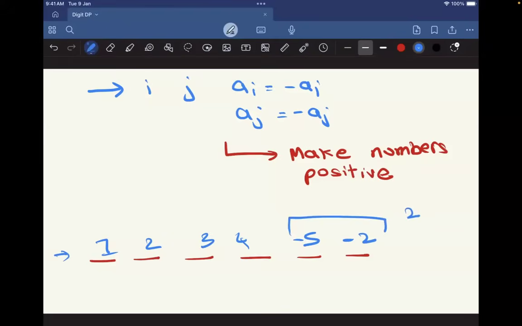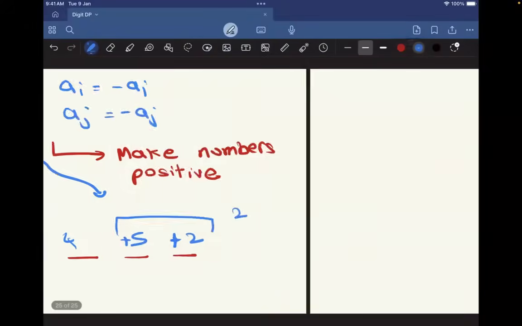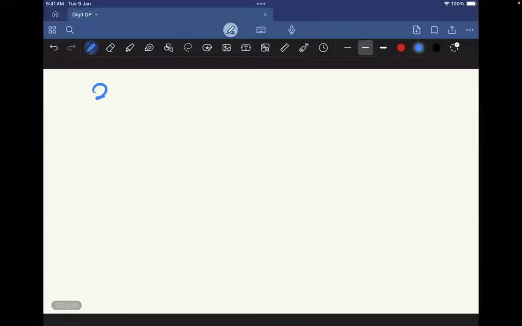So do you agree that since there are two elements, I can take one operation and make both of these positive? Yes or no? Tell me, guys.